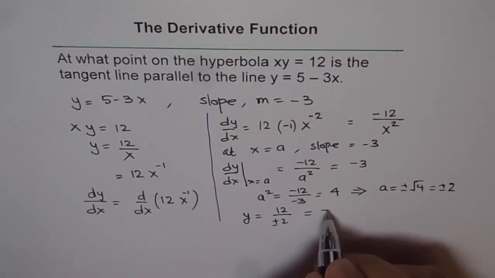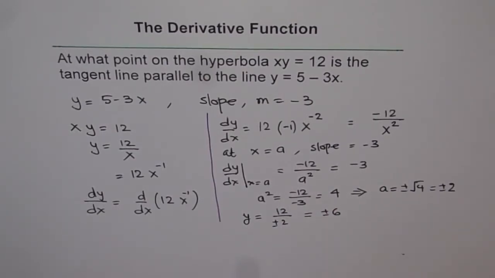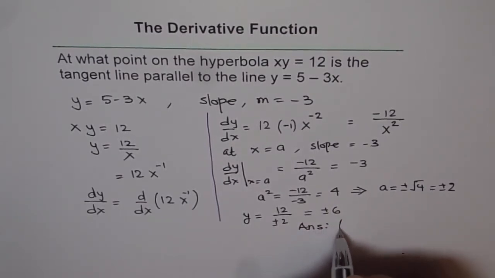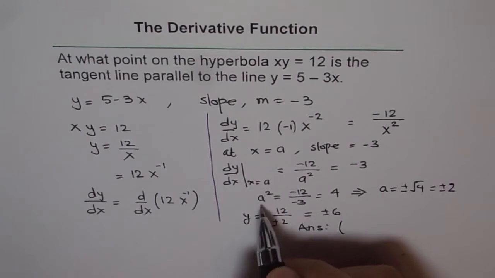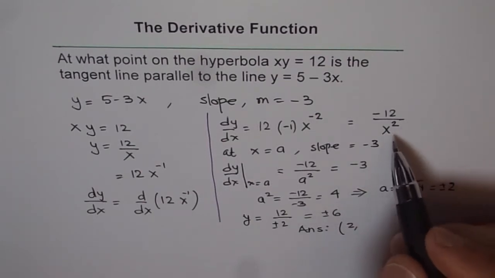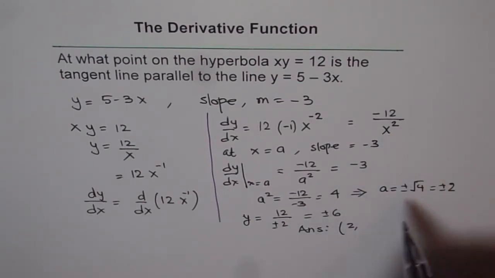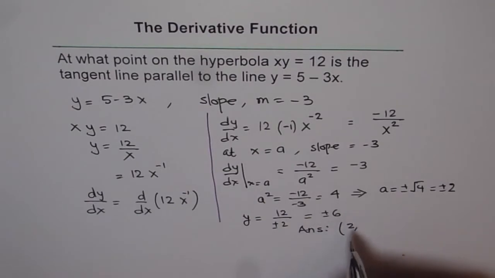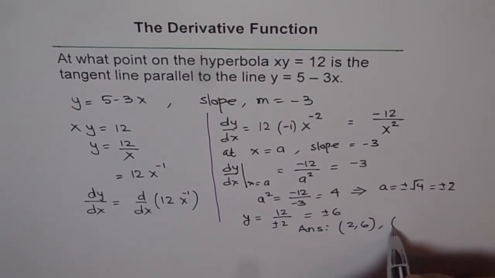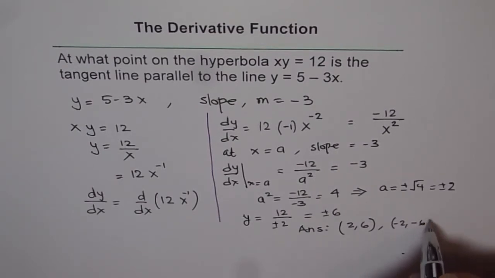So if the x coordinate is plus 2, then the y coordinate is 6. And if the x coordinate is minus 2, then we get minus 6.